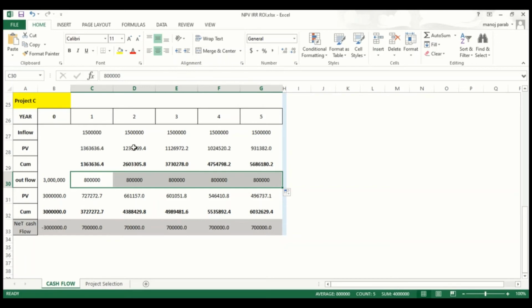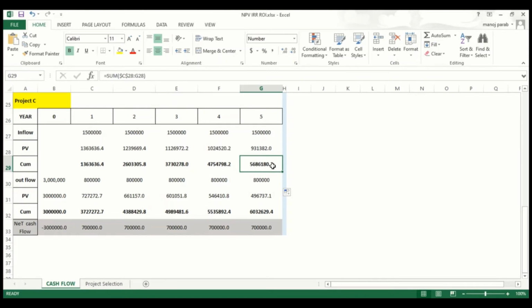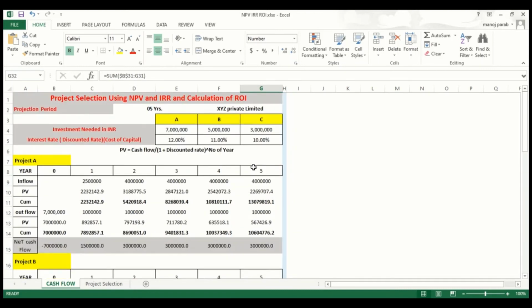In a similar way we have calculated present value, then cumulative value for project C, and the present value of outflow and cumulative value for project C. So students, we have calculated inflow, outflow, present value, net cash flow and cumulative value.